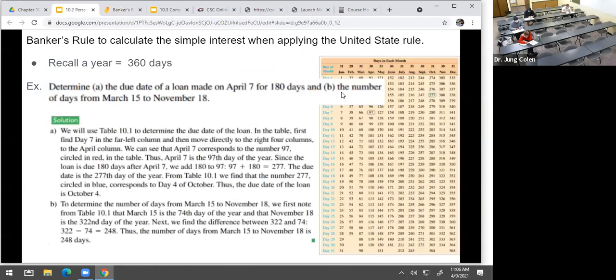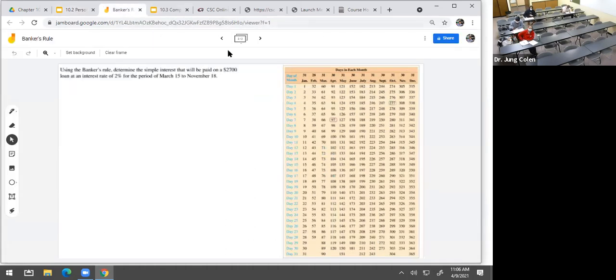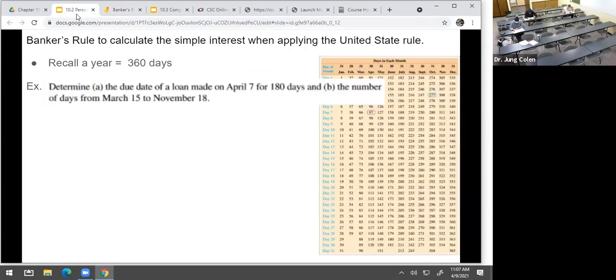The second problem I'm asking you is the number of days from March 15th to November 18th. March 15th to November 18th. So use your pen or pencil to find March 15th and November 18th.